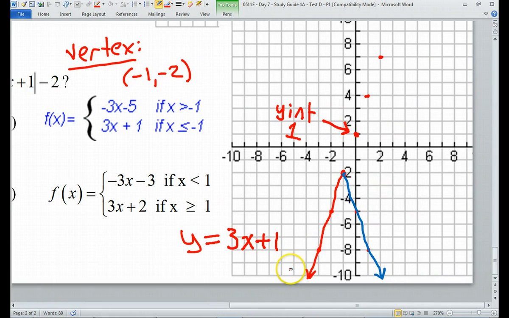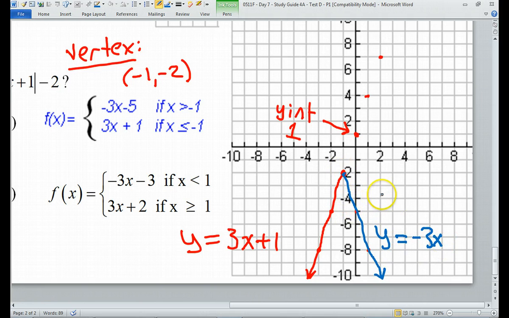Now I'll do the blue side. So I need y equals mx plus b. Y equals. The slope. Well, if the red side is positive 3x, the blue side will be negative 3x, down 3 over 1.